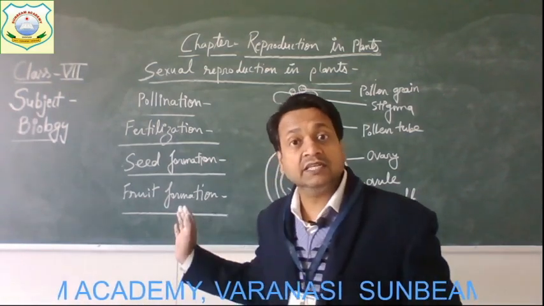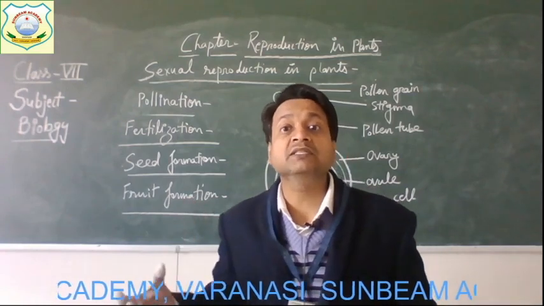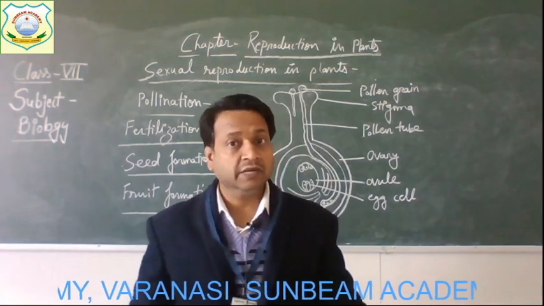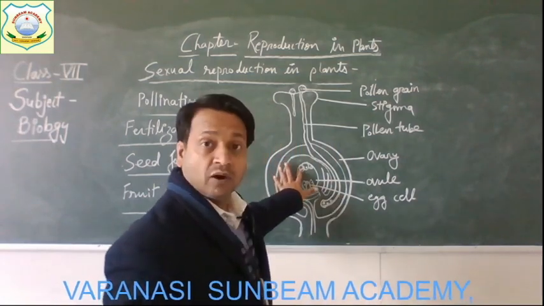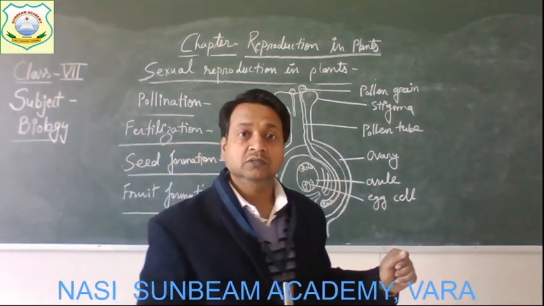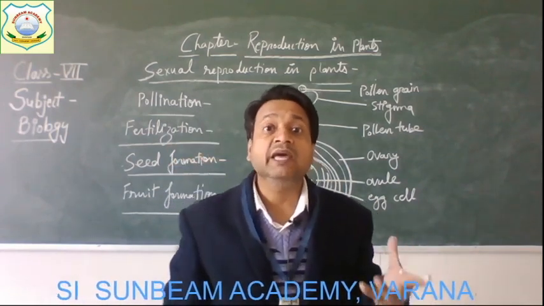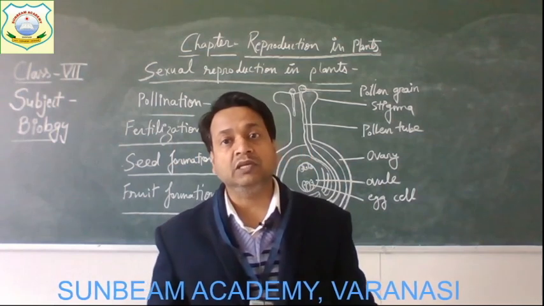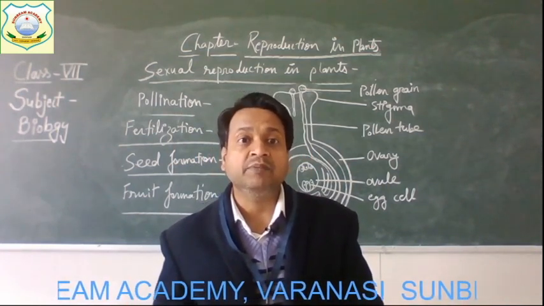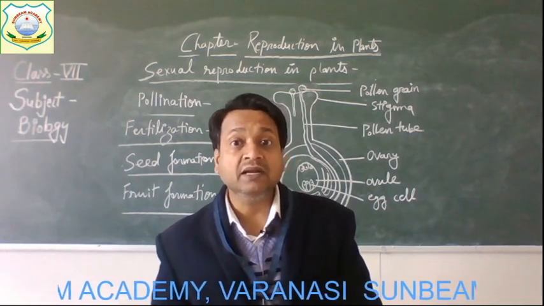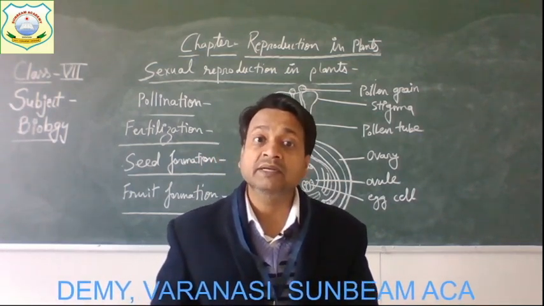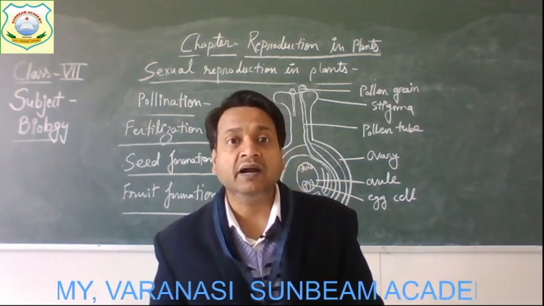So as the seeds form, the ovary begins to swell. In time, it becomes a fruit. Get it? The ovule forms the seed and the ovary forms the fruit. So a fruit is actually a developed ovary. Some fruits such as mangoes and apples are sweet and juicy, and some fruits such as almonds and walnuts are hard.